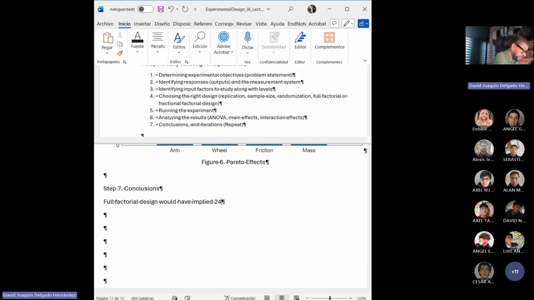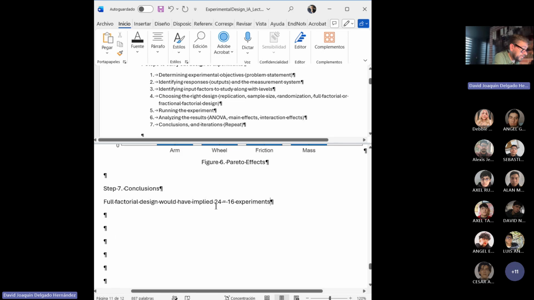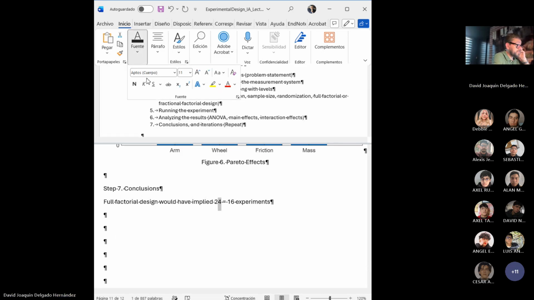So let us put here 16 experiments. Okay, so let me put in the right notation, 2 to the 4th, the power 4. So it will be like that. Okay.